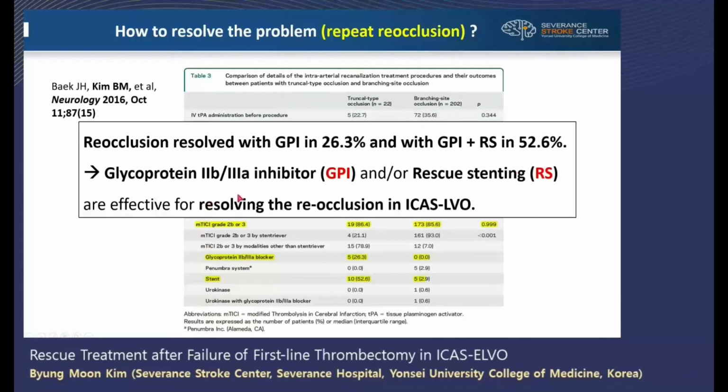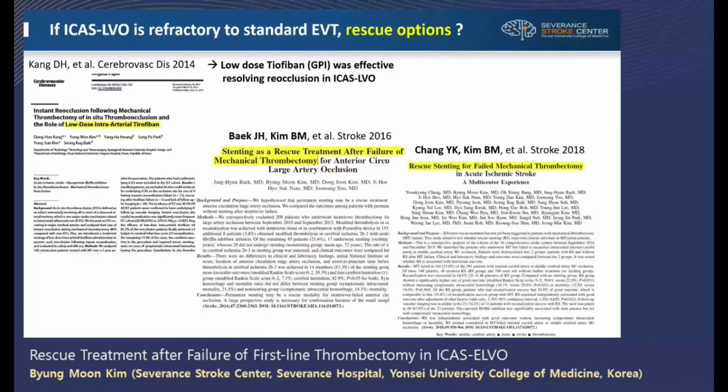So glycoprotein infusion and/or rescue stenting are effective for resolving reocclusion in ICAS LVO. Multiple studies recommend several rescue treatments. Dr. Kang reported the use of tirofiban for resolving the reocclusion in ICAS LVO.